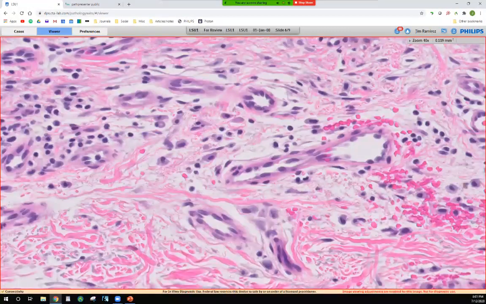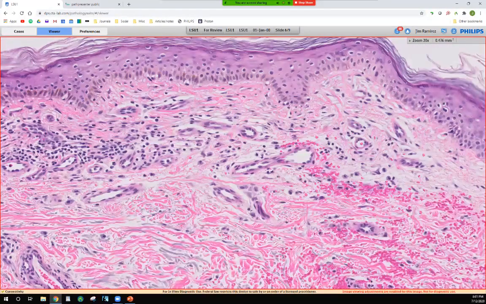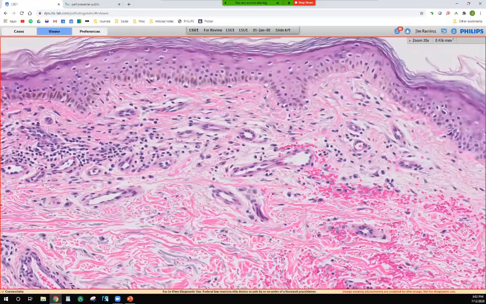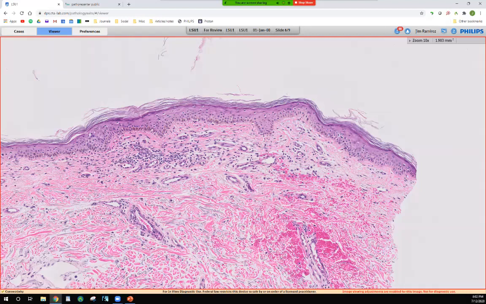And I believe right here, you can see these guys that have very basophilic cytoplasm. So these are actually mast cells, and the clinical fit very nicely for TMEP. This patient had telangiectasias throughout, I think on her legs and lower trunk.